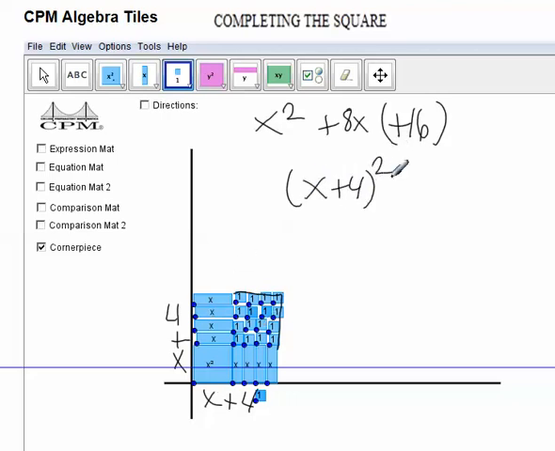X plus 4 quantity squared is equivalent to what we have up here. So there's our reminder of how to complete the square with algebra tiles. Let's look to the next problem and apply that.